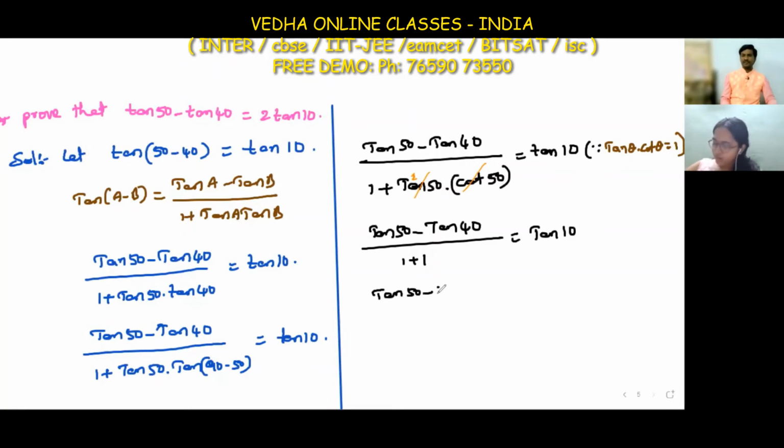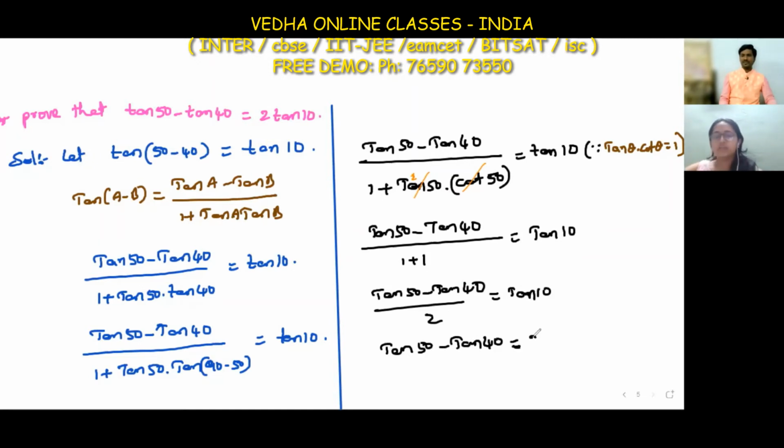Tan 50 minus tan 40 divided by 2 equals tan 10. Take this 2 to that side: here it is dividing, if you take it to that side, it is multiplying. It equals 2 into tan 10. This is the required solution.